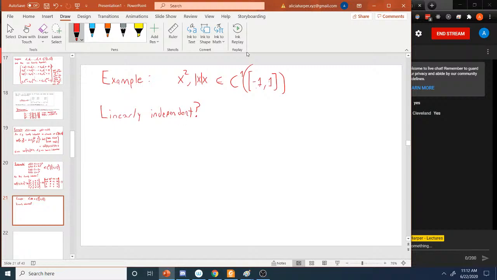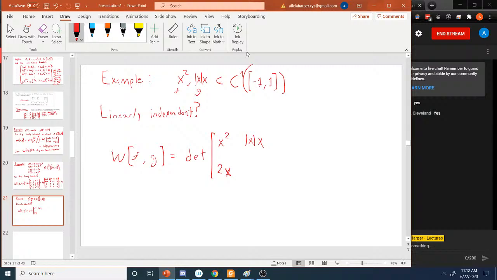So what we do is we call this f, we call this g, and the Wronskian of f and g is going to be the determinant of the following matrix. We'll have x squared here, absolute value of x times x here. The derivative of x squared is 2x.